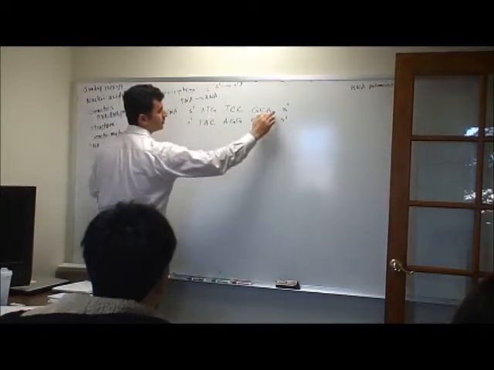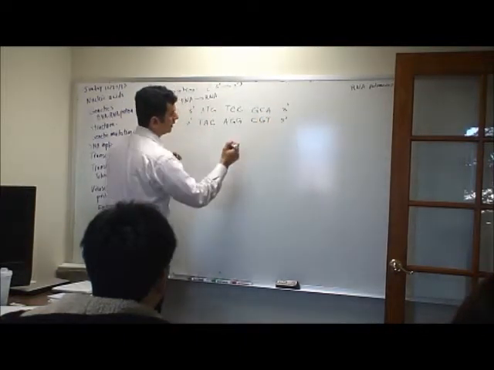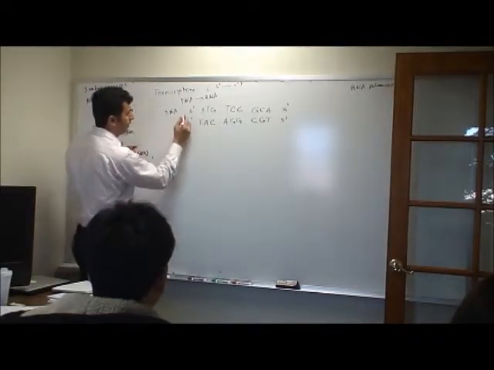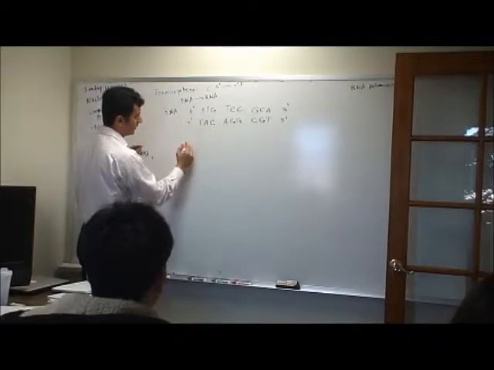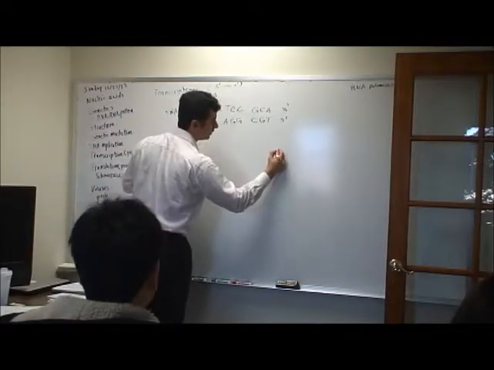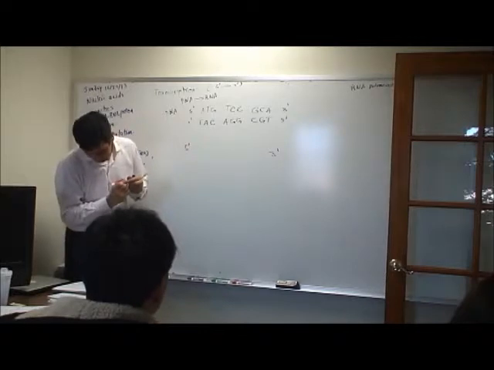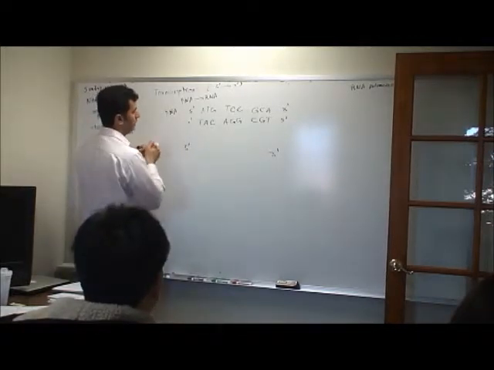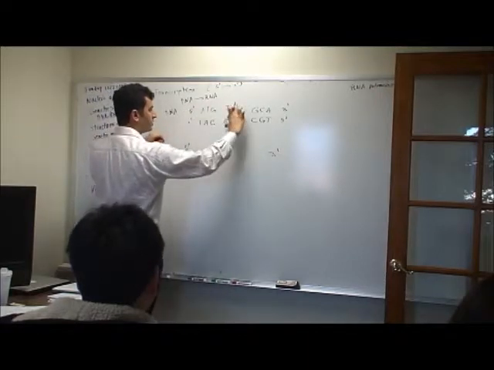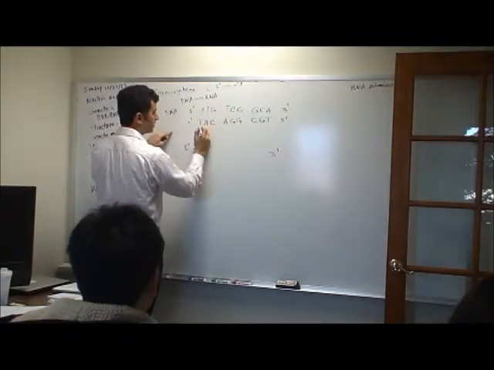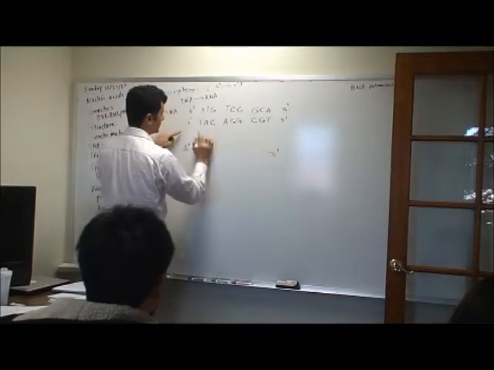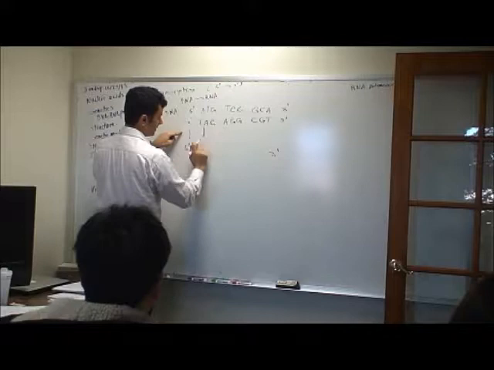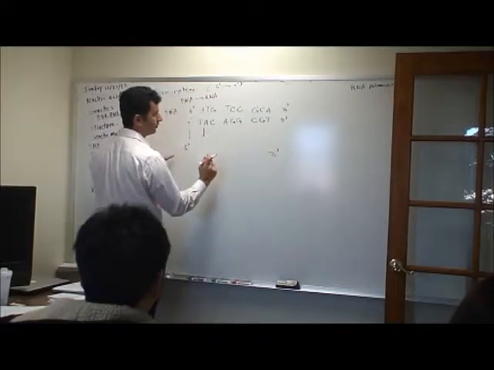So this is 5 prime, 3 prime, and I want to see which ones you make. The RNA has to be 5 prime to 3 prime and is made of AUG. So if you start in this direction, this is the strand that you have to transcribe, and it becomes 5 prime, 3 prime, right?